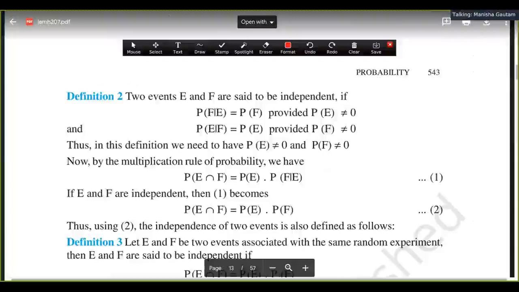If two events E and F are given to you and probability of E intersection F is equal to probability of E into probability of F, then the events are known as independent events. If this formula verifies by putting in the numerical values, it means the events are independent events. If these are not equal, it means the events are not independent events.